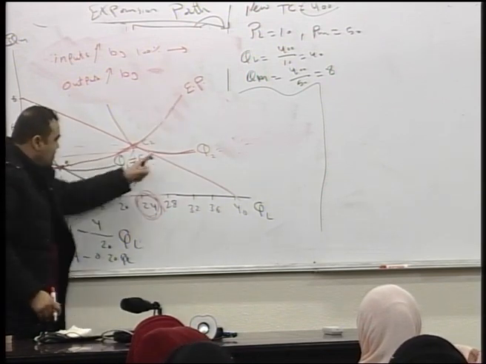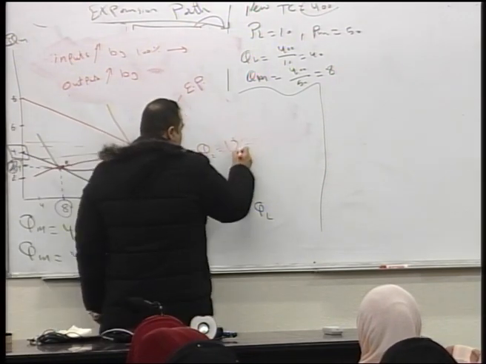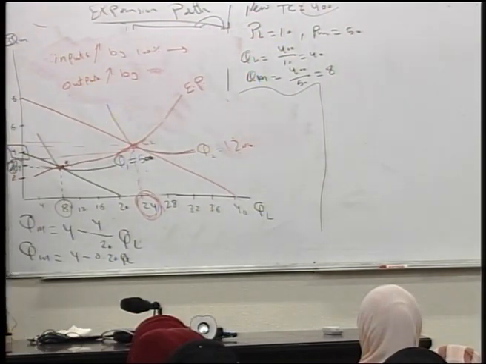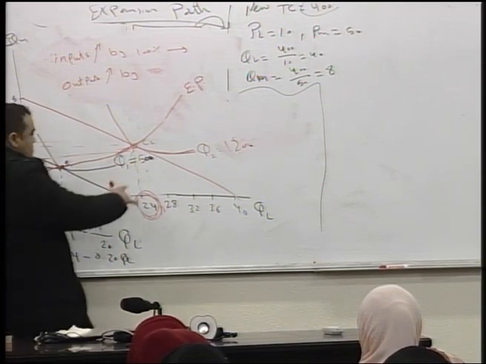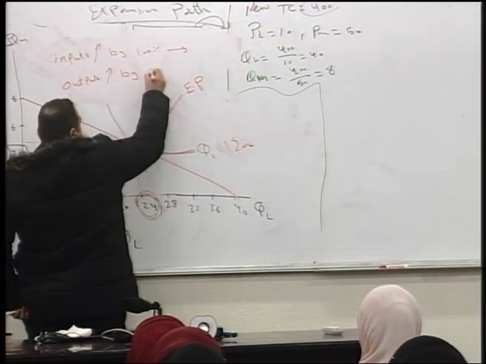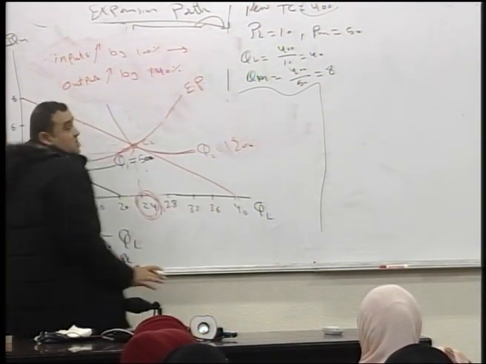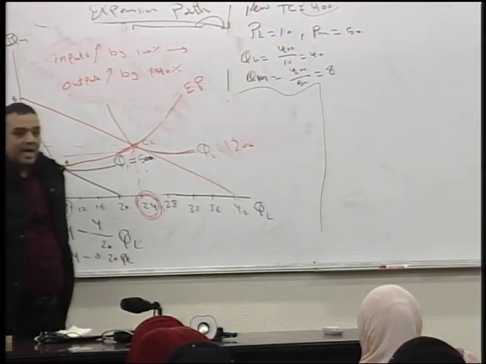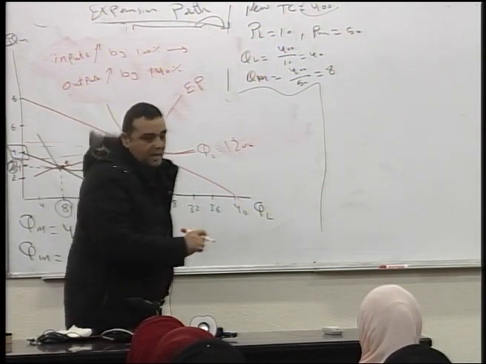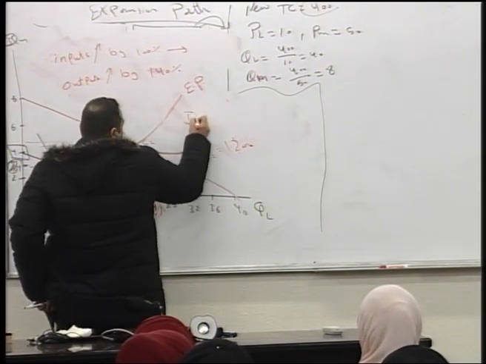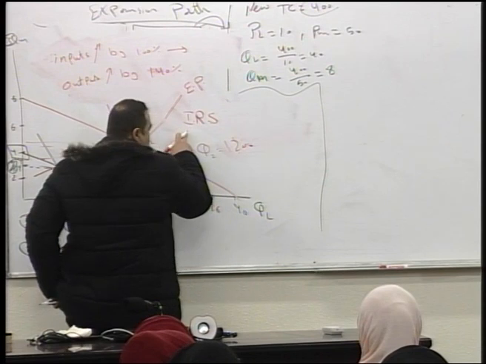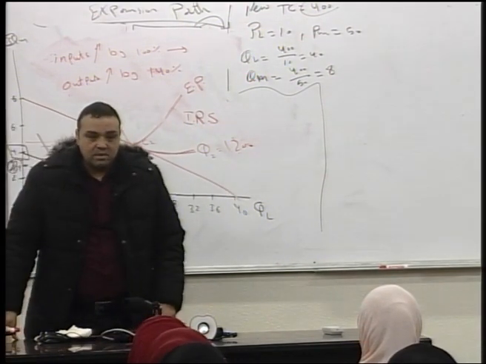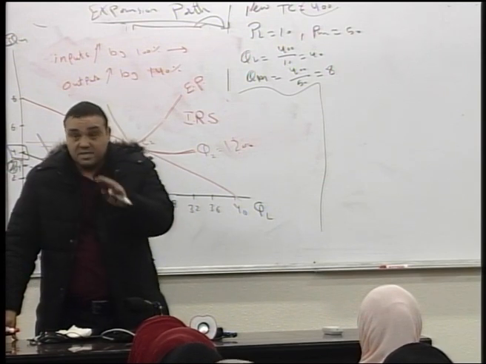How much did it increase here? This is 1200. What is the percentage of increase? 140%. So it's good. In this case, we can call it increasing returns to scale, IRS. Increasing returns to scale, which means the expansion here is good.